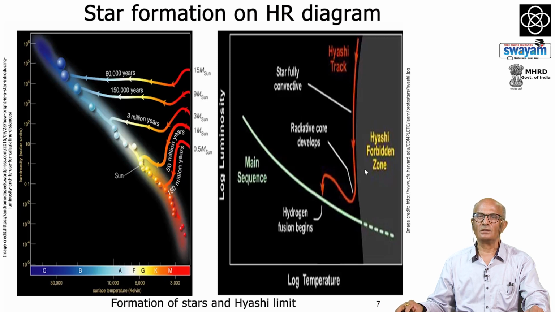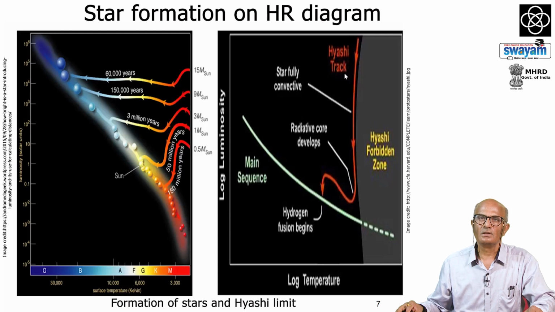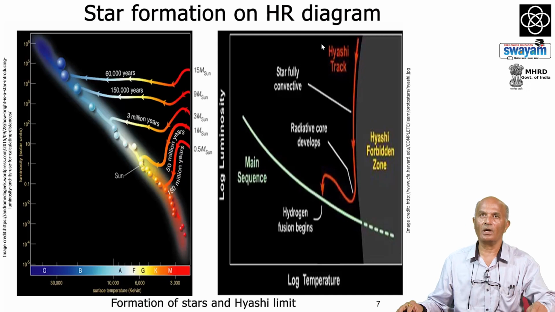In fact, this is also known as the Hayashi forbidden region. So, in this part the star will not appear, and while it is moving from here to here, the star is fully convective during this process.